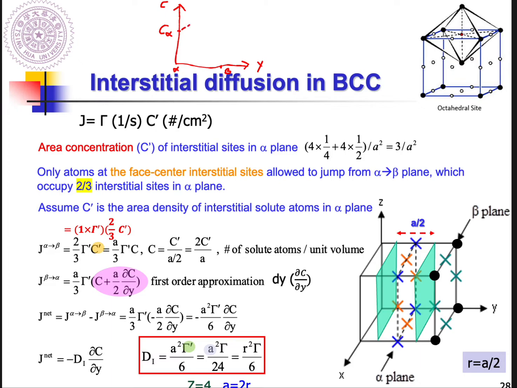So how to get C beta? Actually, this term is C beta, right? C beta is C alpha plus what?